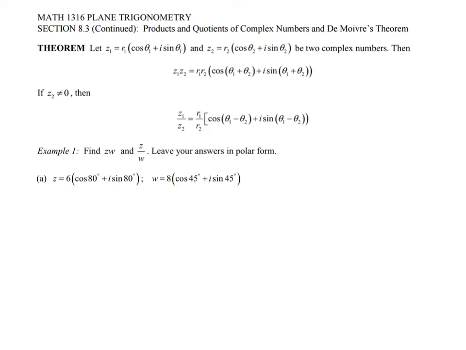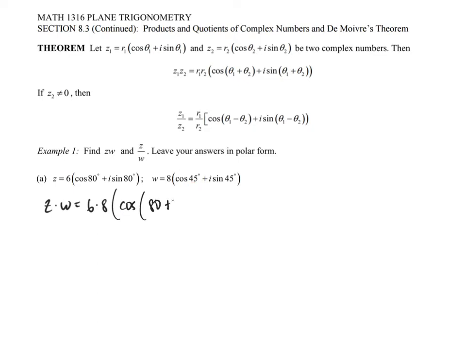Okay, so applying these formulas in example 1, we want to find z times w and z divided by w, and then leave our answers in polar form. So z times w is going to equal, I'm going to take the r from z and the r from w and multiply them together, so that would be 6 times 8. And then cosine of theta 1, which would be 80, added to theta 2, which would be 45.